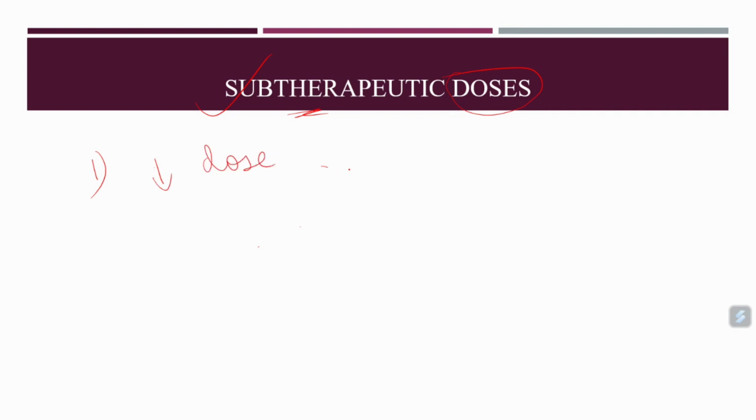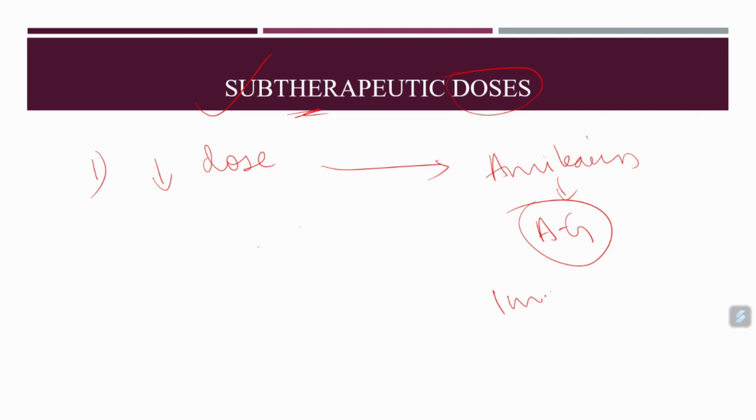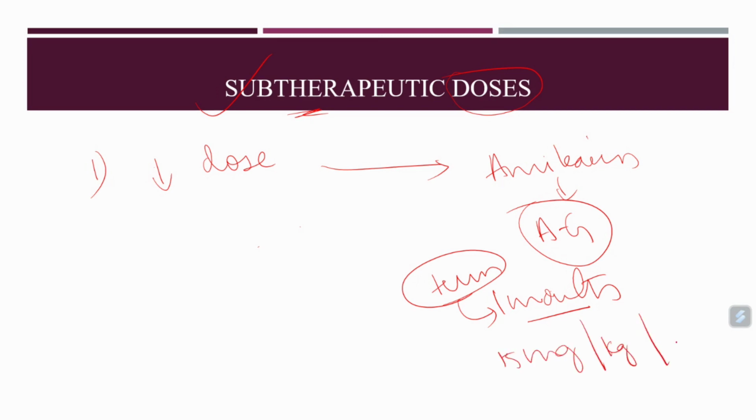For example, in pediatric patients, if you go to the hospital for certain infections in the pediatric department, for example, amikacin is prescribed. Amikacin is an aminoglycoside antibiotic. The normal dose of amikacin for a 1 month baby, a full-term baby who is 1 month old, is 15 mg per kg per day, the standard dose.